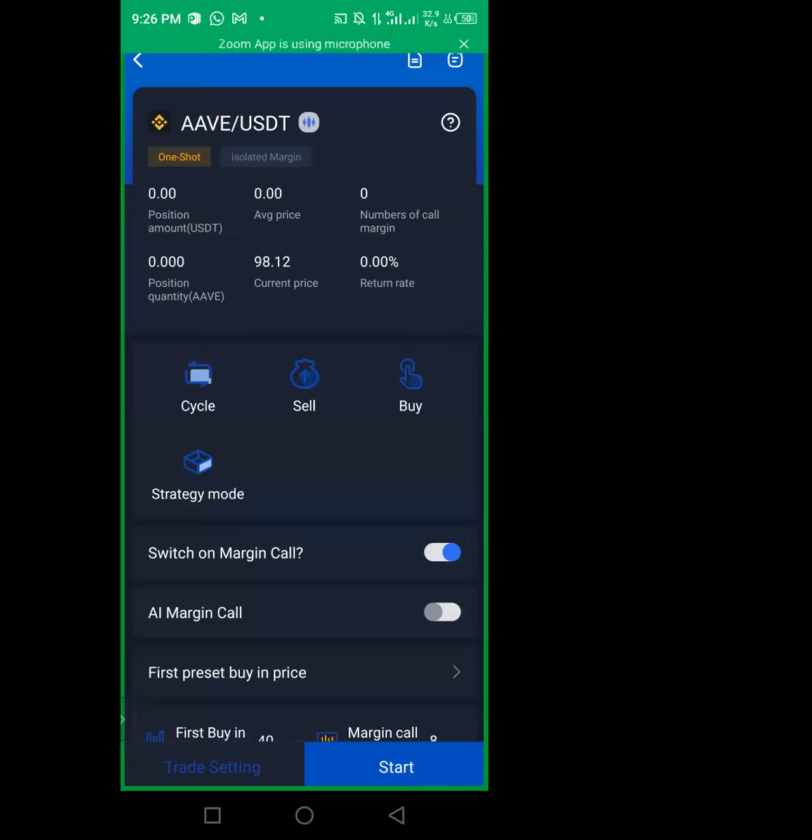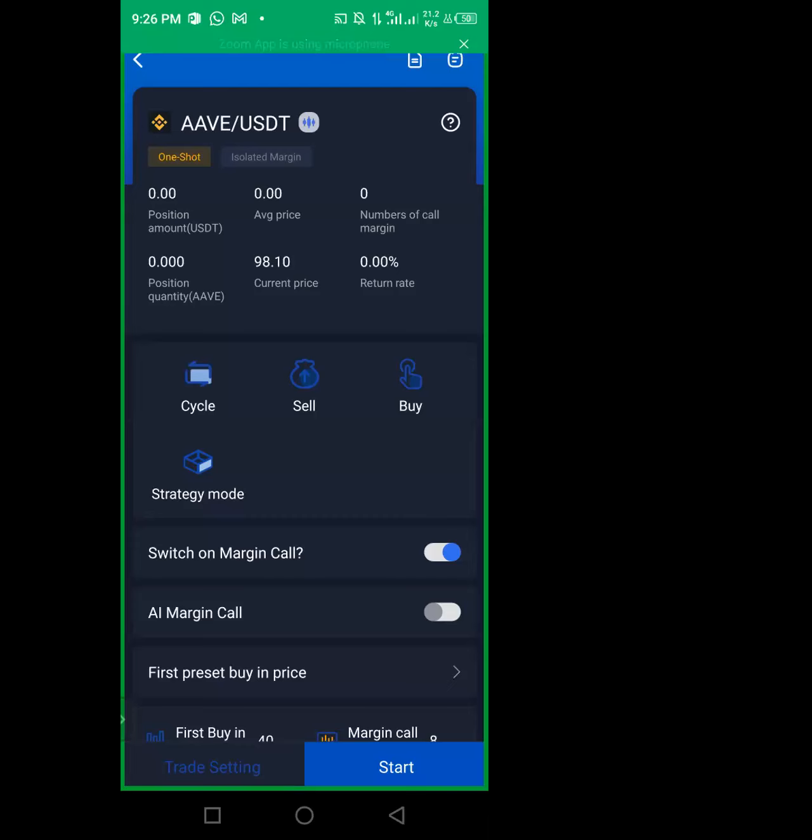Floating means the robot has not sold. So it's either floating loss or floating profit. It becomes floating loss when the current price is lower than your average price. But once the current price is higher than your average price, it becomes floating profit.